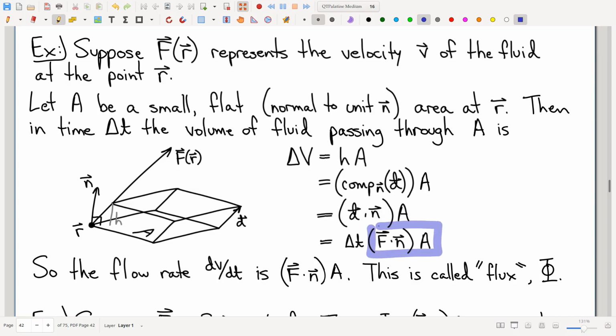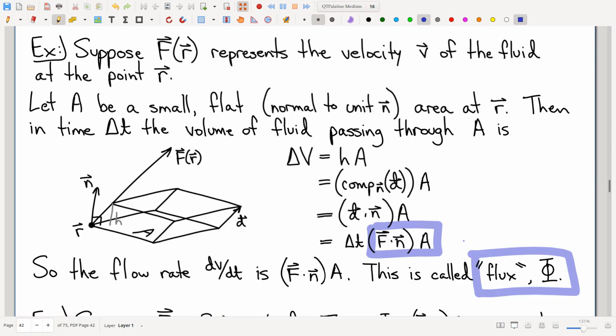But it turns out this thing is the more interesting object, and it has other interpretations, and it is very worth having a name and a notation. So the term is flux, right? Very common, very important construction. We're going to do a ton of stuff with flux, especially when we get into chapter 7, a little bit in 6, but mostly in 7.